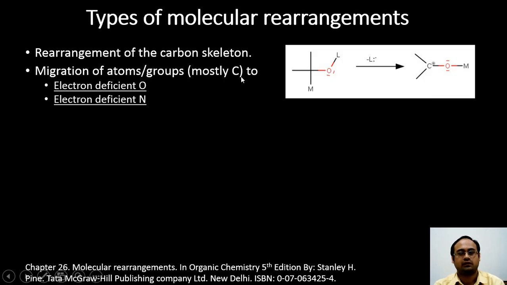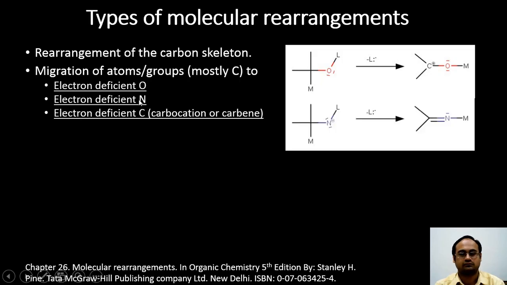But rearrangements might happen in which the migrating group, instead of moving to the oxygen, may move to an electron deficient nitrogen. In such a reaction, the leaving group leaves and the migrating group migrates to the electron deficient nitrogen, leaving behind a Schiff's base like compound.